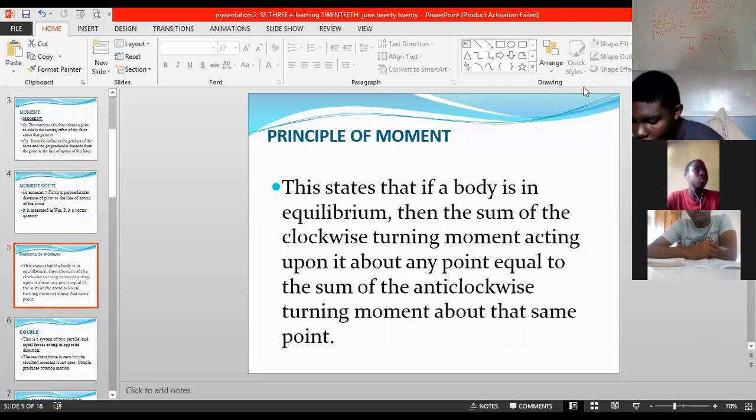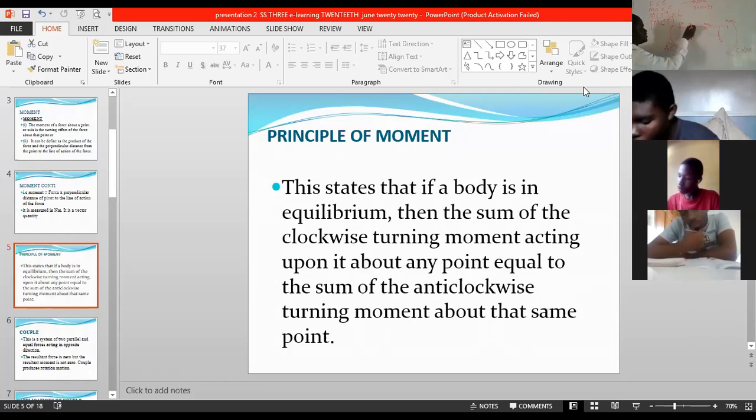The principle of moment says that the sum of the anti-clockwise moment is equal to the sum of the clockwise moment. CWM means clockwise moment, and ACWM means anti-clockwise moment.